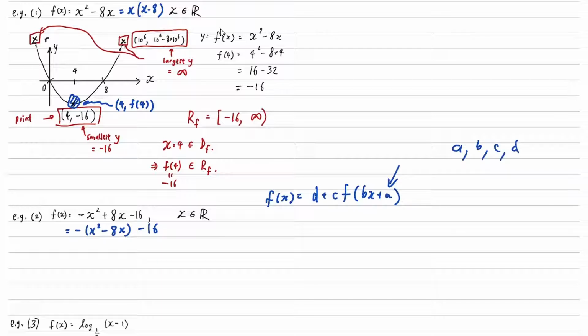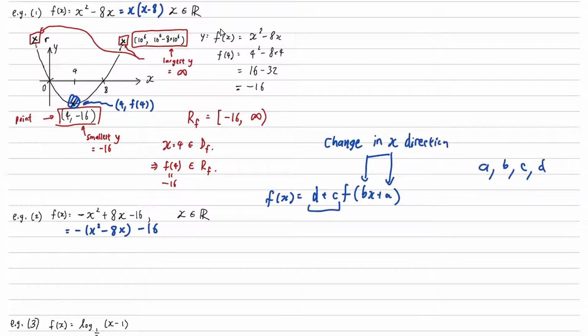So in other words, a and b means you are changing the x, a change with respect to the x direction. And c and d is a change in the y direction.